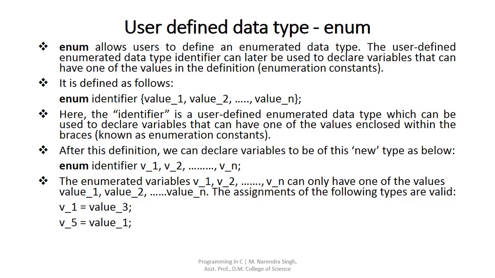Here the identifier is a user-defined enumerated data type which can be used to declare variables that can have one of the values enclosed within the braces known as enumeration constants.